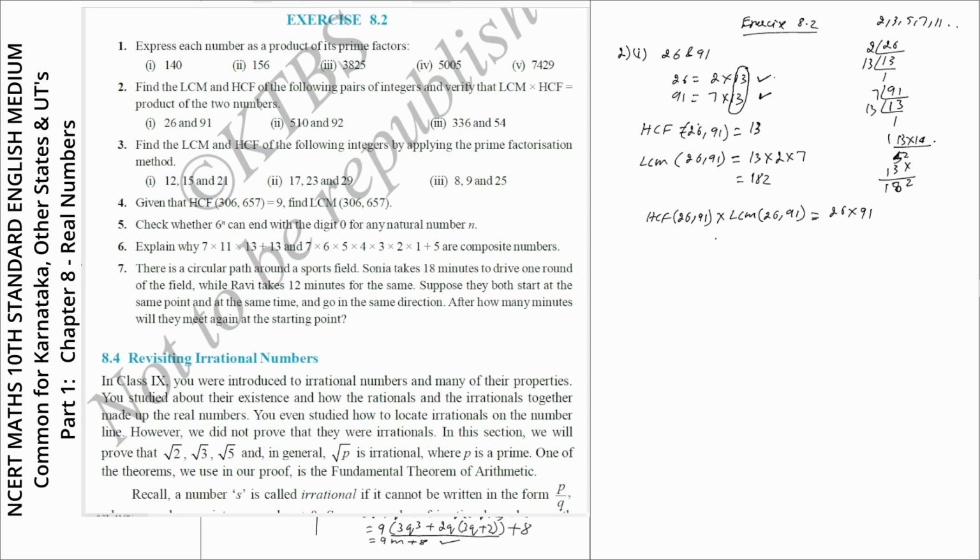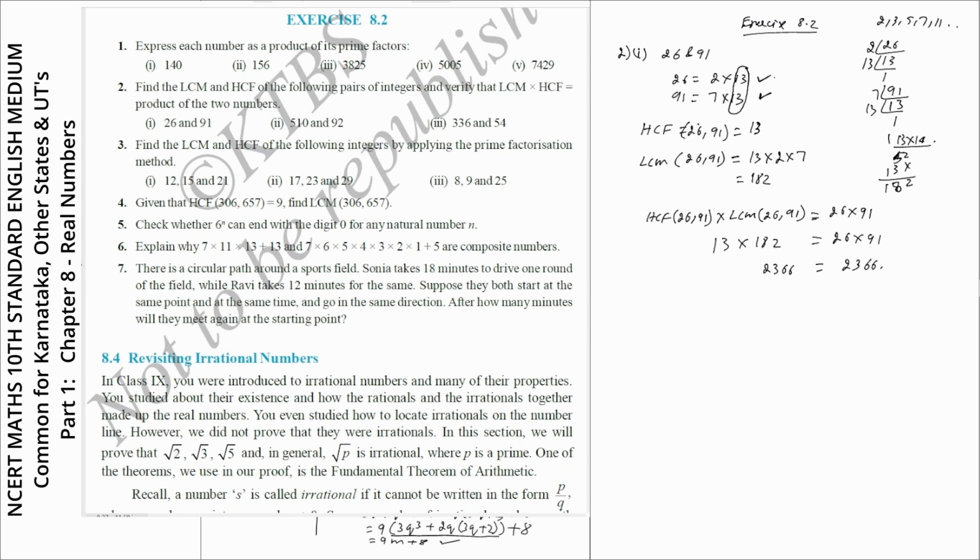HCF of 26 and 91 is 13 and LCM of these two numbers is 182. So 26 into 91 on both sides we will get 2366. I am skipping the multiplication here, you can check it.